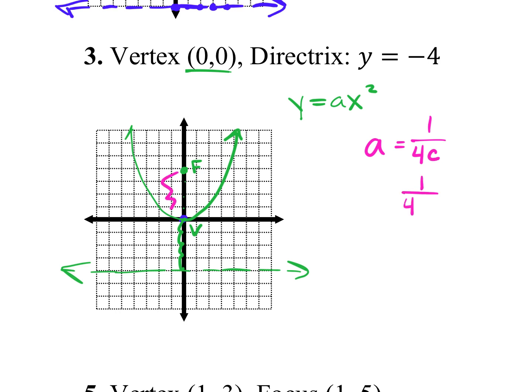This length here. Okay. This is 10-2a when the vertex is 0, 0. 10-2b is when the vertex moves to something else. So a is 1/16, which means our equation is y equals 1/16 x squared.